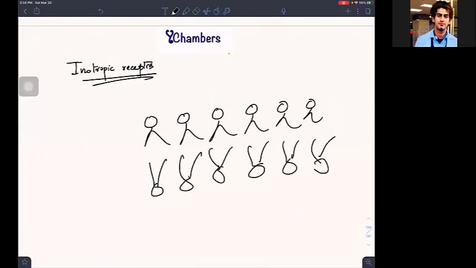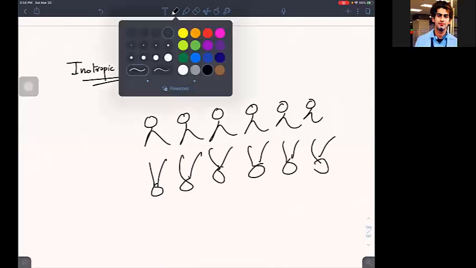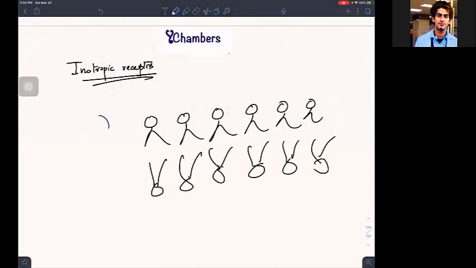Now see, I have an ion channel. Let us make an ion channel like this. Think that it's constricted here, for the purpose of understanding.